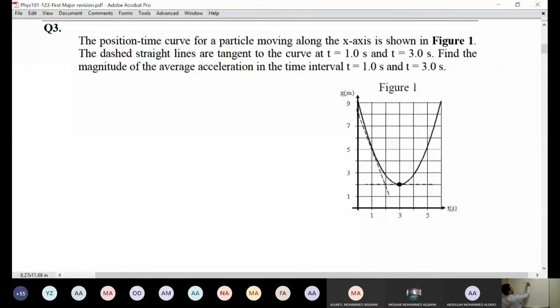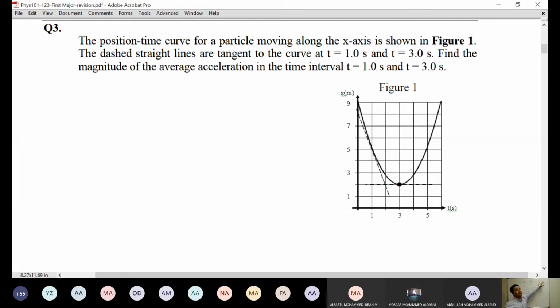Yes, you can write that as delta v over delta t, or you can also write it as v2 minus v1 divided by t2 minus t1. Since the time interval they are asking about is given, t1 we can assign as 1 second and t2 as 3 seconds.